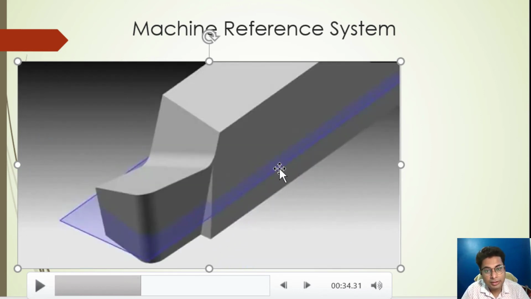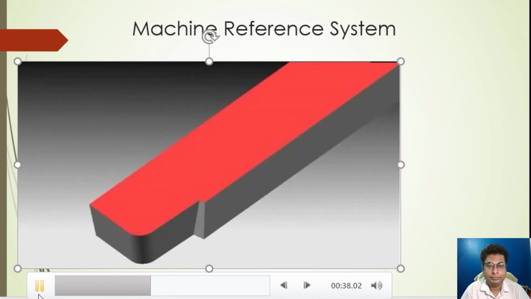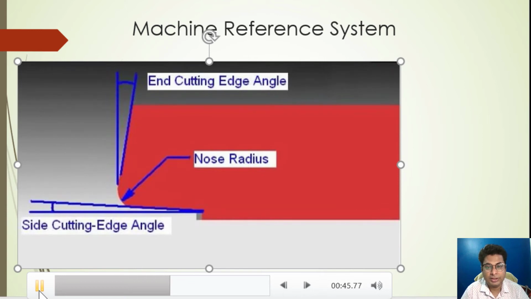Then comes, this is your pi r plane, the plane perpendicular to velocity vector. When a cross section is taken, see, this is the end cutting edge angle measured on pi r, the clearance angle of the auxiliary cutting edge with your pi x plane is your end cutting edge angle.